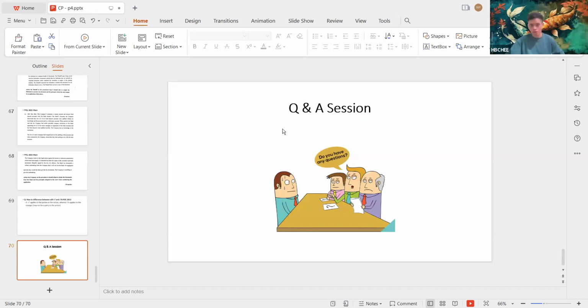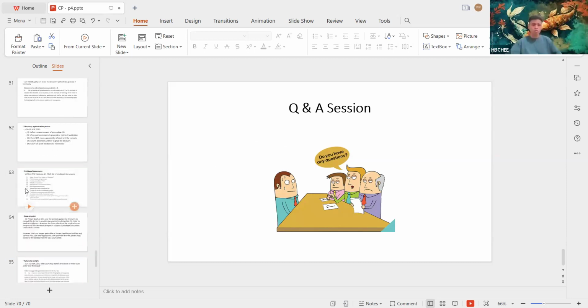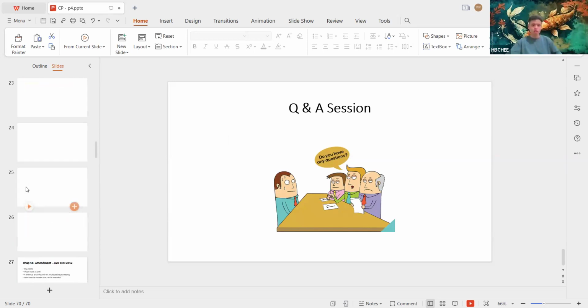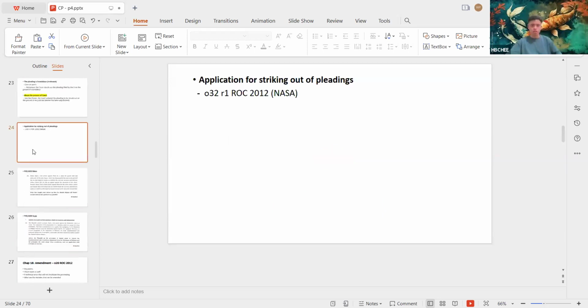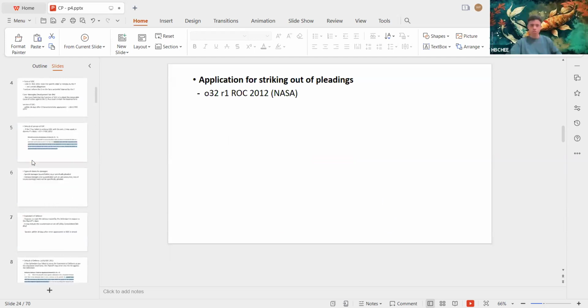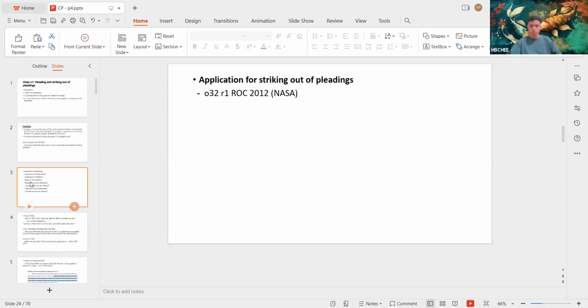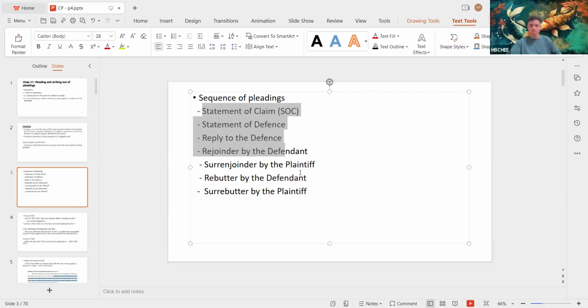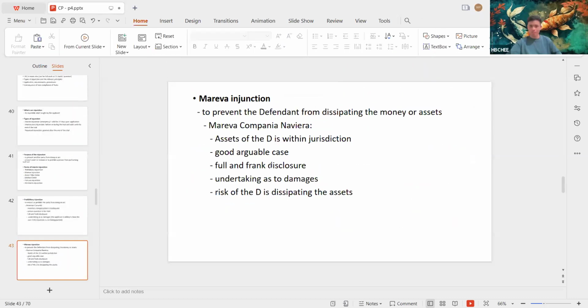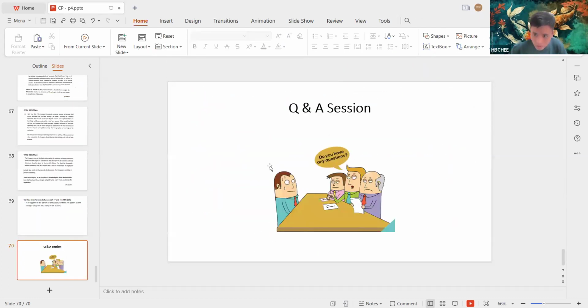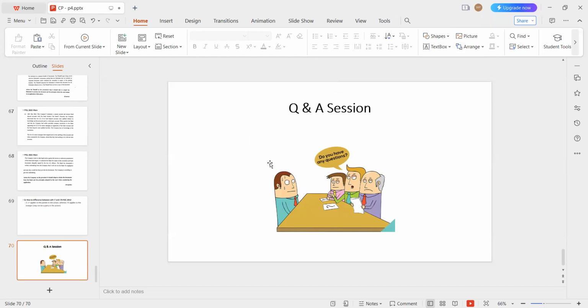It can be interrelated, but the reason the wording striking out pleading is used is because, as I already covered, the sequence of pleadings is very lengthy, so it's not necessarily the case that striking out someone's pleading means you dismiss someone's action. You see the pleadings, what if this is the one you're going to strike? That means everything else is still in place. Are you okay? Yeah, correct. Thank you.